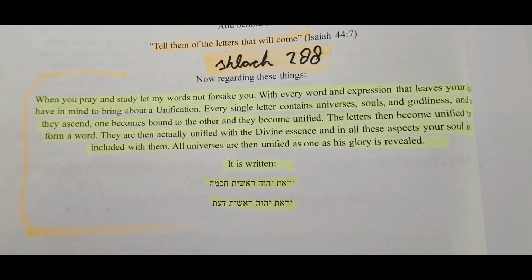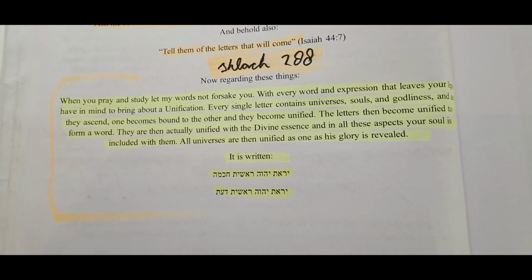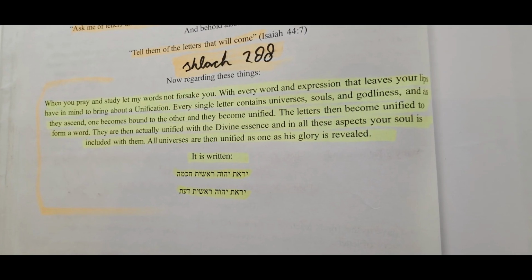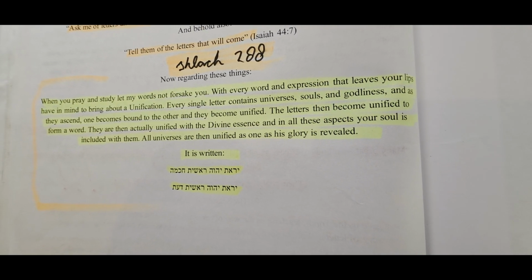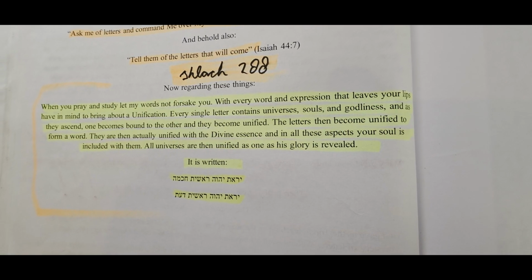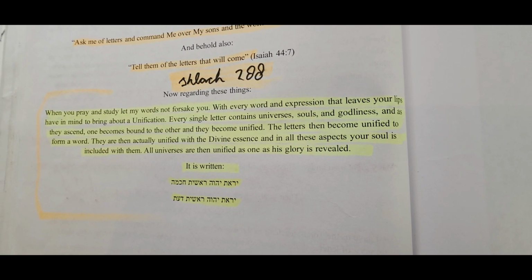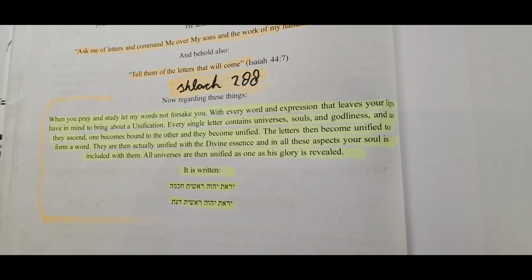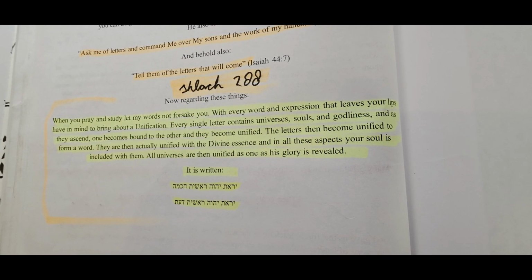Now regarding these things, when you pray and study, let my words not forsake you, with every word and expression that leaves your lips. Have in mind to bring about a unification. Every single letter contains universal souls and godliness, and as they ascend, one becomes bound to the other, and they become unified. The letters then become unified to form a word.